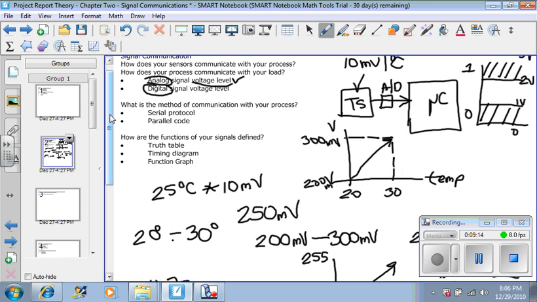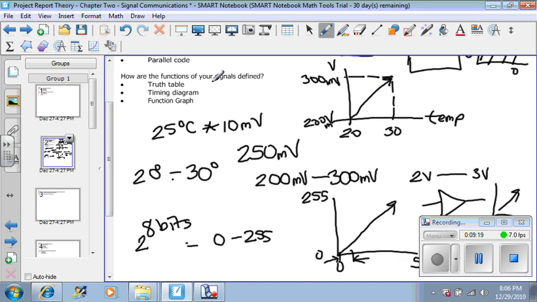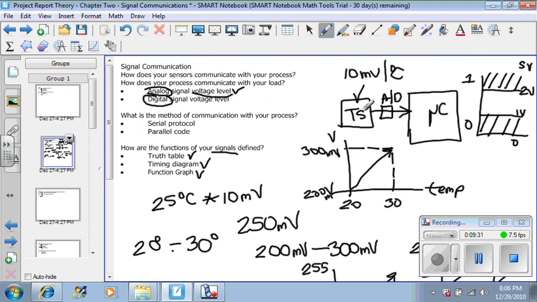So in the end, you need to build some type of signal function, whether you choose a truth table, a timing diagram, or a function graph, something that explains how values from the temperature sensor are read by the microcontroller. And you must do this for all of the sensors in your process, as well as all of the loads connected to your processor.